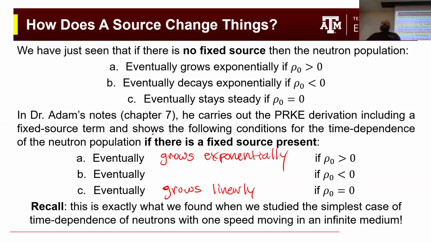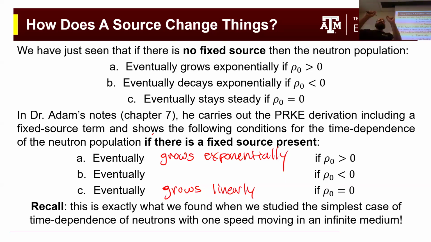And if our reactivity insertion is negative, we can make a similar argument to the positive exponential case, which is that when the insertion is negative, all of our time constants are going to be negative. So our solution is basically going to exponentially decrease. But because we have a source there, instead of the population just going to zero, the population is going to go to whatever the emission strength of our source is.